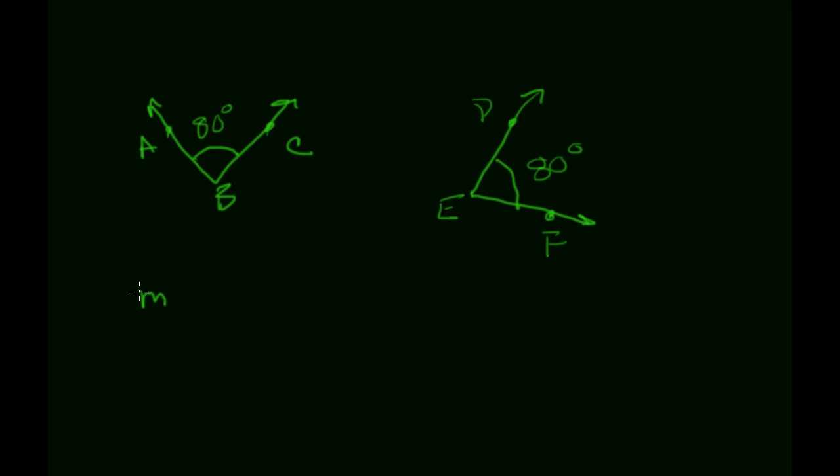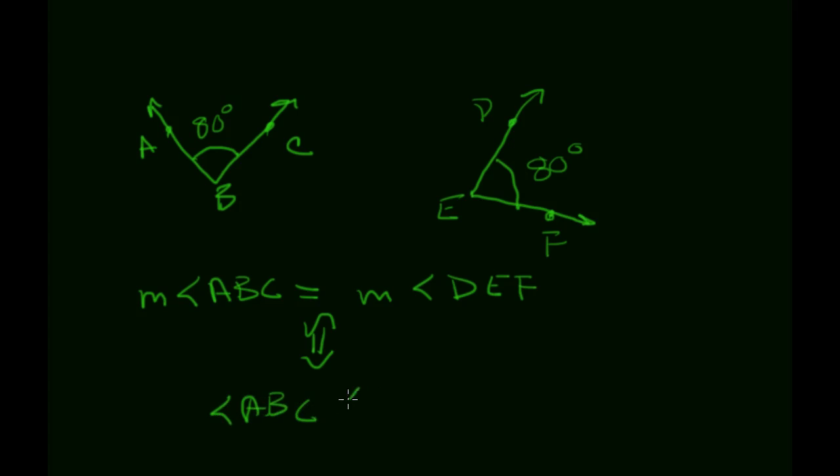So I know that the measure of angle ABC is equal to the measure of angle DEF. So I shortened this up. I have that, and this is going to be true if and only if angle ABC is congruent to angle DEF. So in order to have congruent angles, right, we have angles that have the same measure.